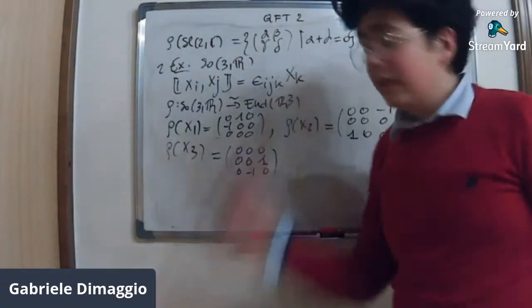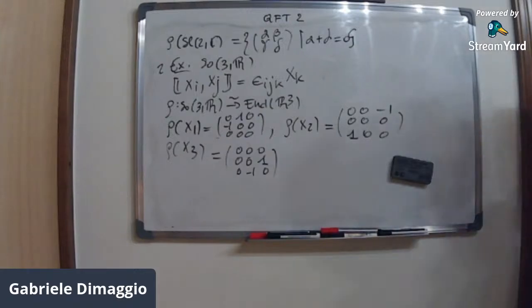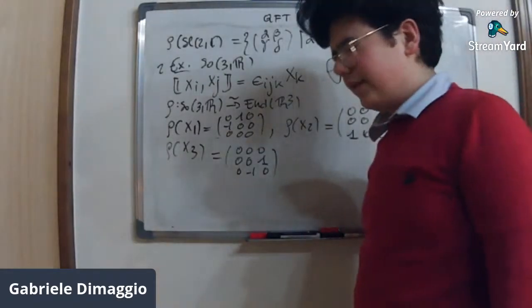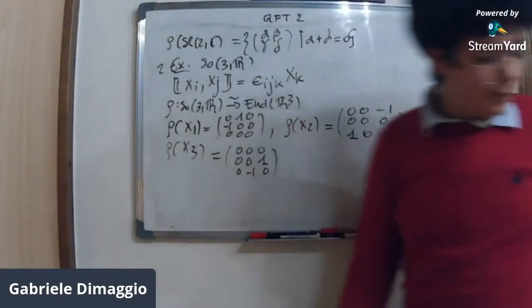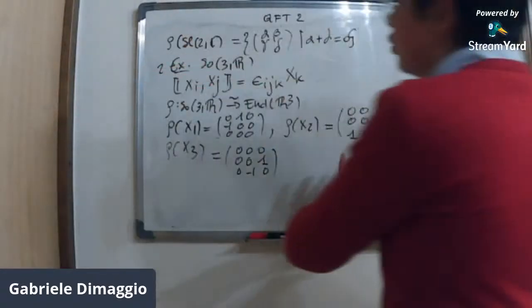For example, another type of representation for my Lie algebra SO3 is the spinor representation.